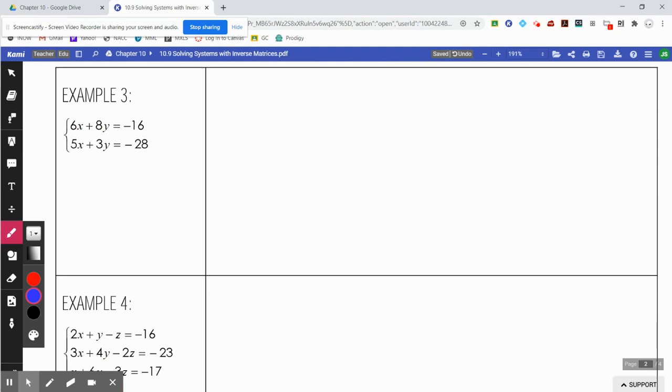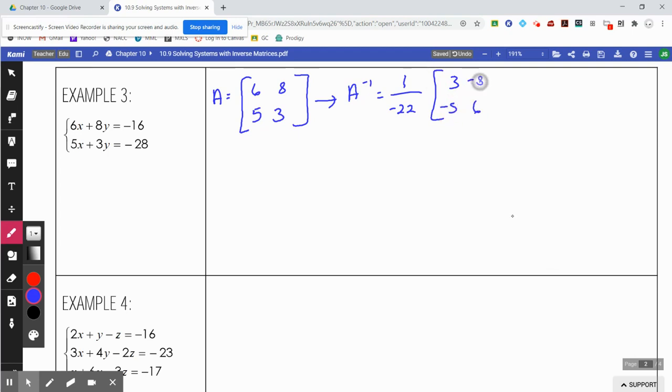Example number 3. Again, matrix A, our coefficient matrix, is 6, 8, 5, 3. So therefore, A inverse is going to be 1 over the determinant, which is 18 minus 40, which is negative 22, times, flip-flop the 3 and 6, make the other two negative.